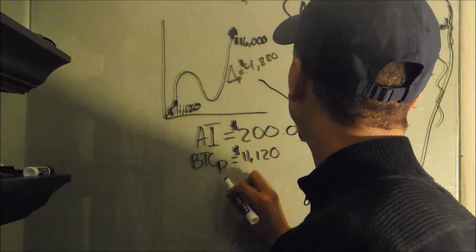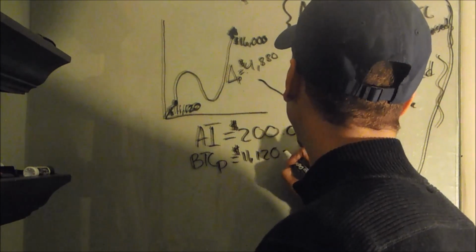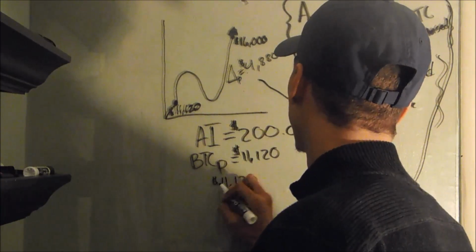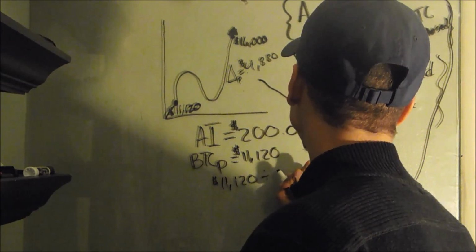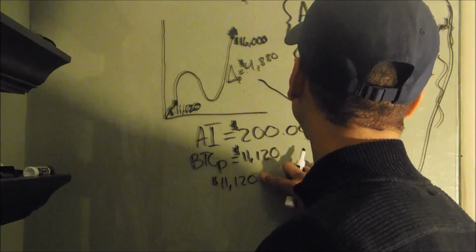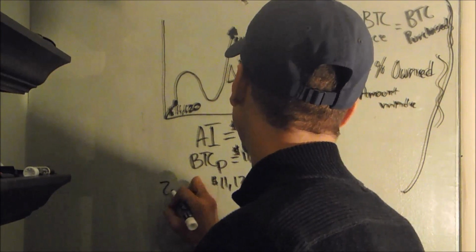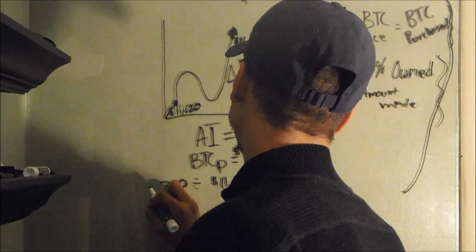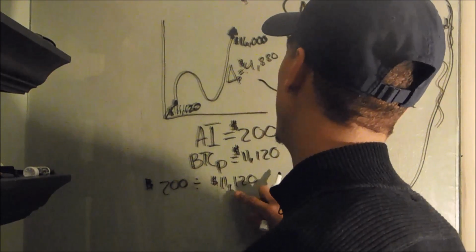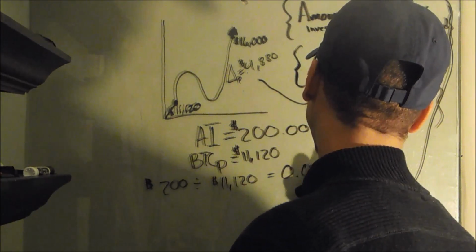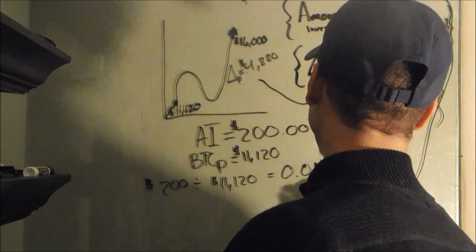And we took our $200 and divided it by the 11,120, which equals 0.0179.